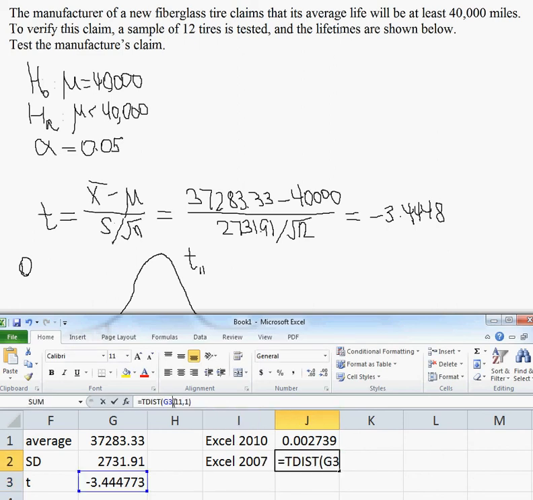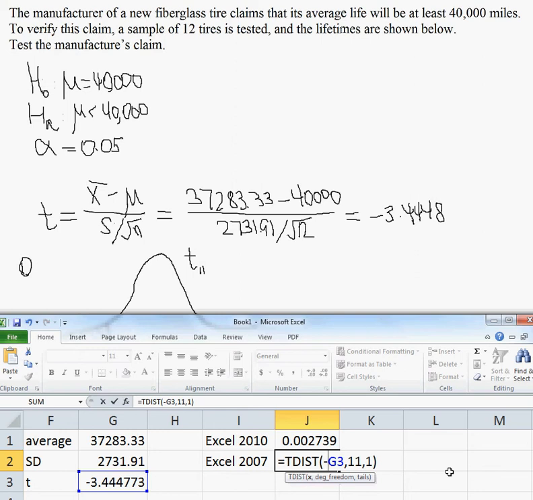Now the reason it returns an error is because this first number here in Excel 2007 must be positive. Excel 2010, it's perfectly okay for the first number to be negative. However, in Excel 2007, you must have the first number be positive. So this will be negative G3, the net effect would be positive 3.44778.